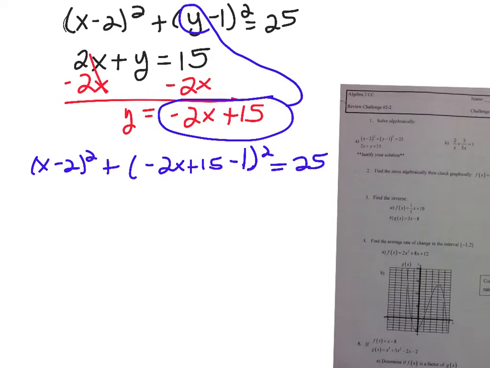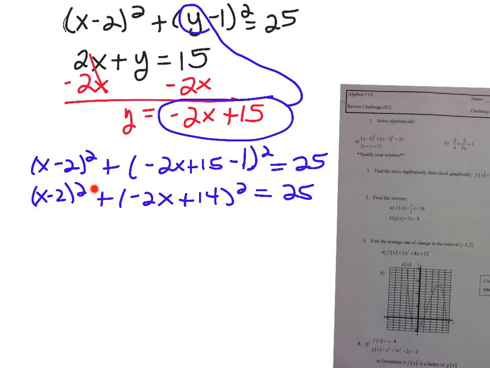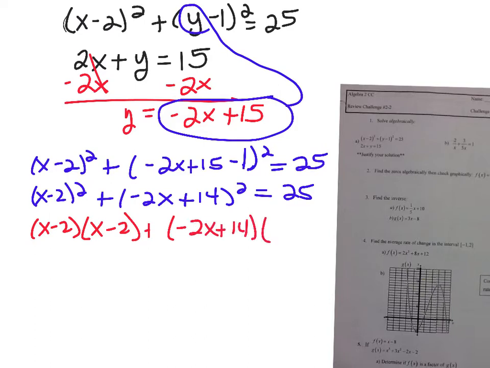Okay, so I have (x minus 2) squared plus (negative 2x plus 14) squared is equal to 25. Okay, so we should all know what to do with (x minus 2) squared and (negative 2x plus 14) squared. We have to double distribute. So (x minus 2) times (x minus 2), and (negative 2x plus 14) times (negative 2x plus 14) equals 25.